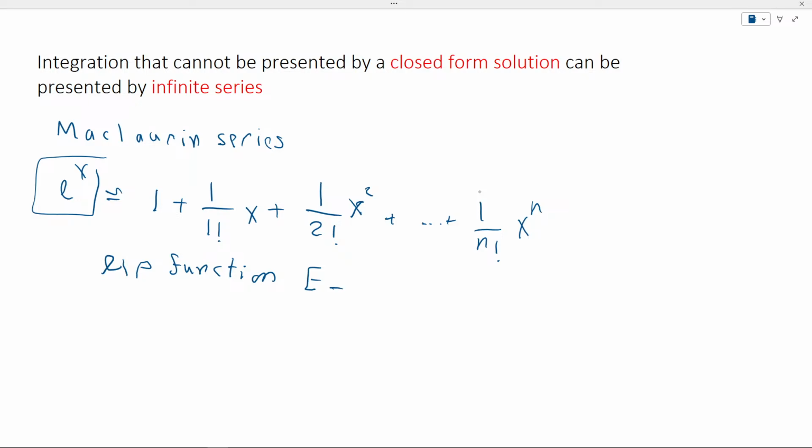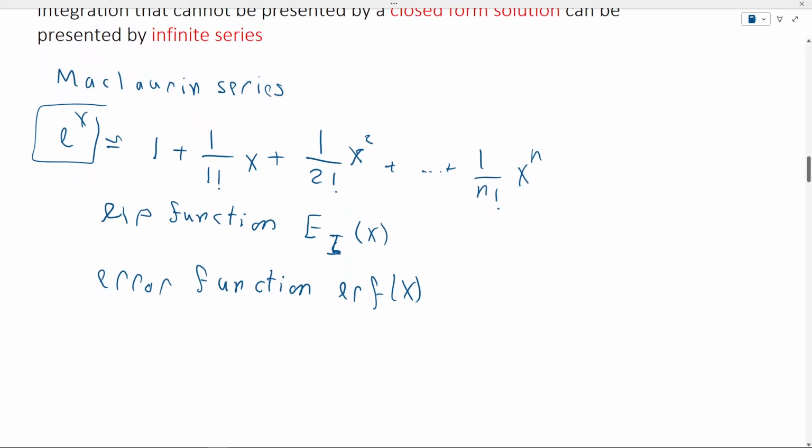Another example is the error function of x. We will look at this when we get into the modeling part and the analytical solution for the contaminant transport equation. We will get it in terms of the error function.